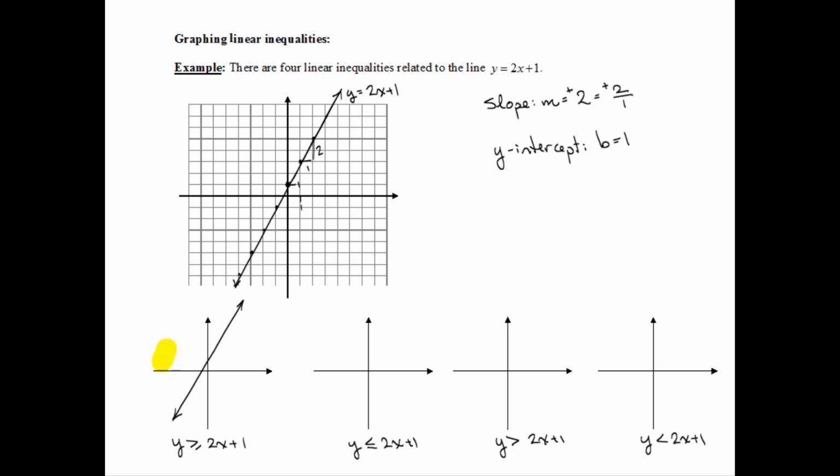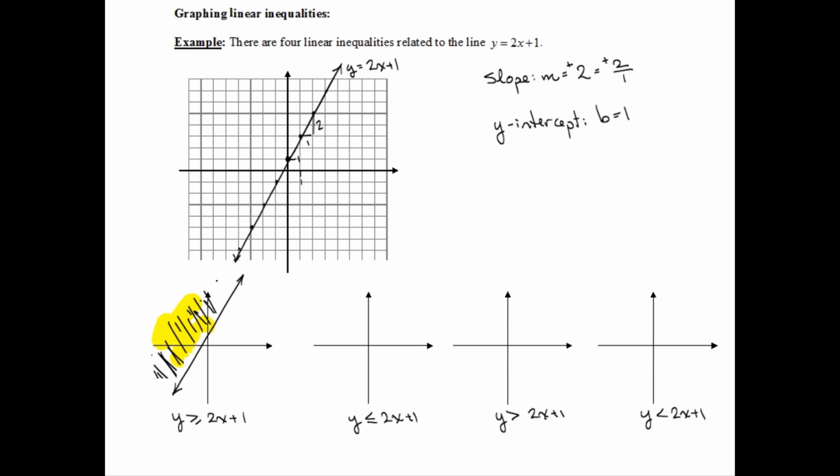So in this area up here. Our area that we want is going to be the upper half plane, which is going to look like this. Everything above the line is shaded.